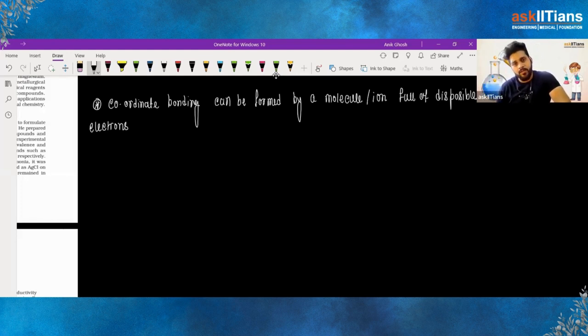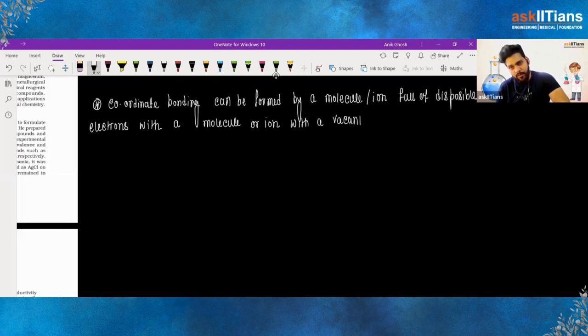Full of disposable electrons. The coordination bonding can be formed by a molecule full of disposable electrons with a molecule or ion with a vacant orbital.